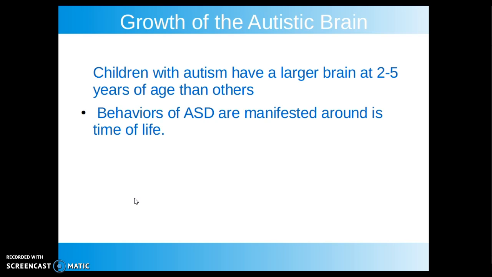Children with autism have been shown to have a 10% larger brain at the age of 2 to 5 years old than the average child. This is particularly interesting because at about the age of 3 is when children are diagnosed with autism, and that's when they're actually showing behaviors of autism spectrum disorder, such as their language abilities, their cognitive abilities, and their ability to show emotion not being what it would be in the average child.